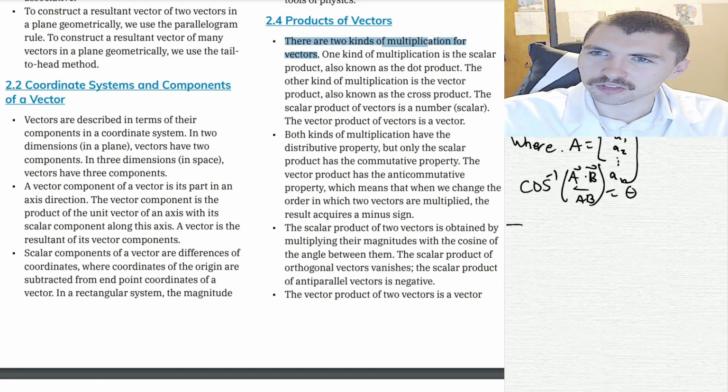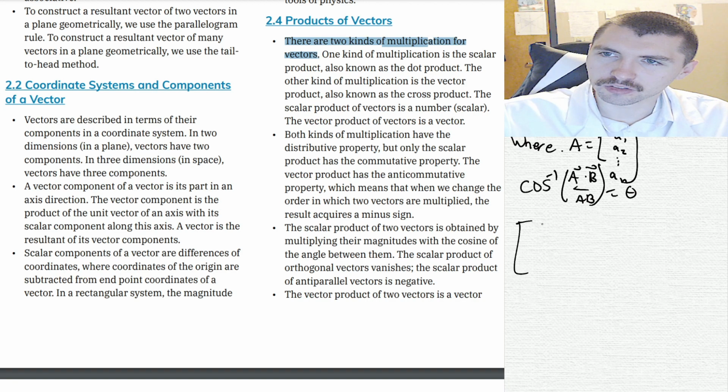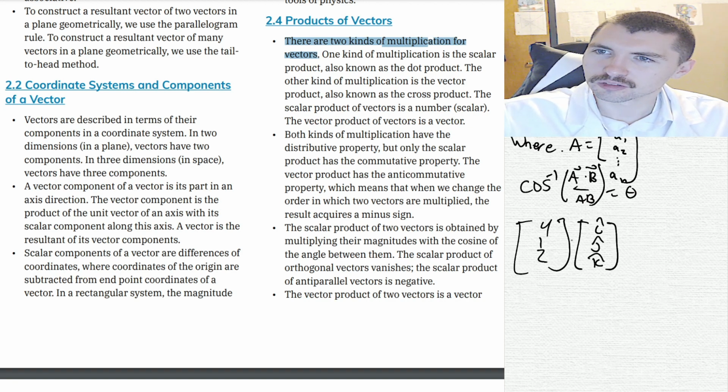I think earlier you might have seen me do something like you have a vector 4, 1, 2, and you might have seen me notate it like this: i, j, k. So one way of thinking of it is like this: I dot this. So that's 4i plus j plus 2k.